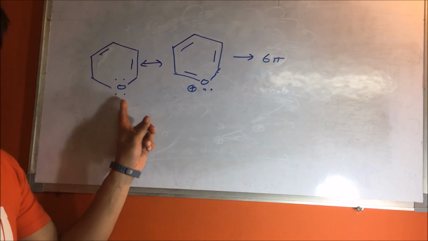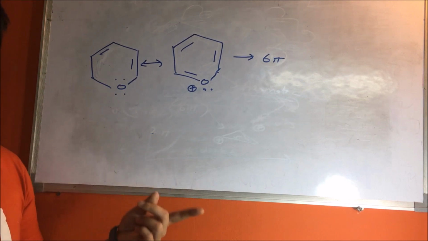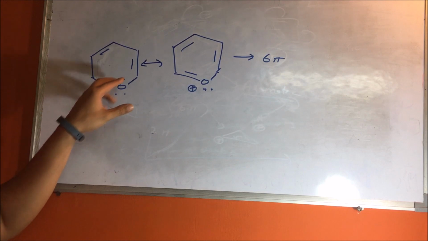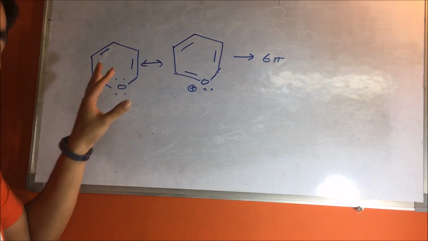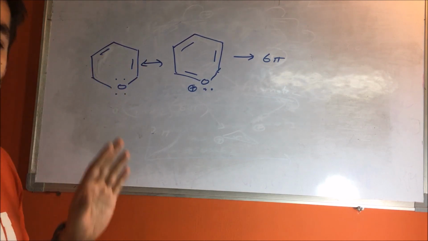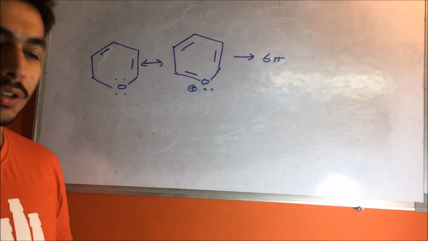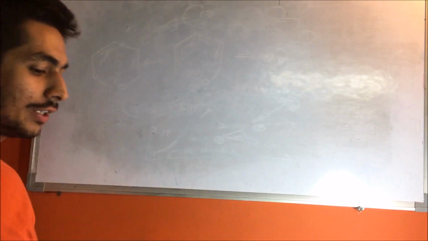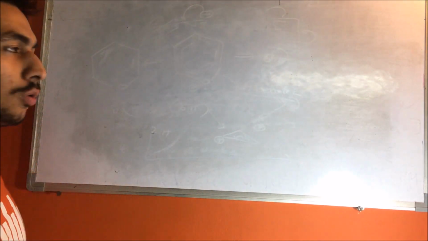So always remember to see if the atom has a lone pair of electrons or not, and then see whether it's already doubly bonded or not. So if it's already doubly bonded, then the lone pairs are not going to participate in resonance. And just to gain even better clarity, so that you never forget this, let's take the example of imidazole.